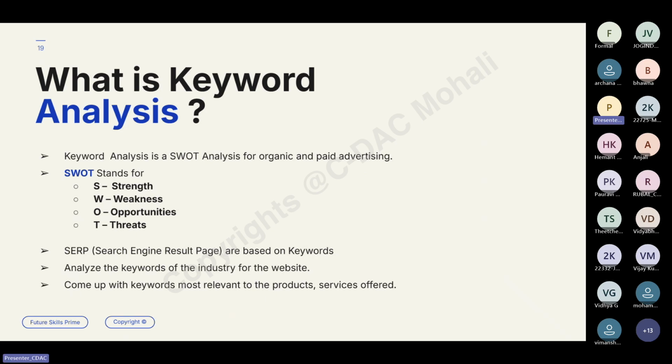This analysis checks the strength and weaknesses of a particular keyword, where we should or should not use it, what opportunities it will fetch us, and what threats it could come with.